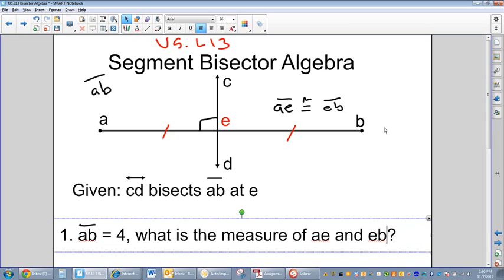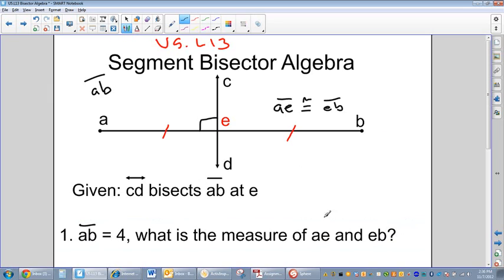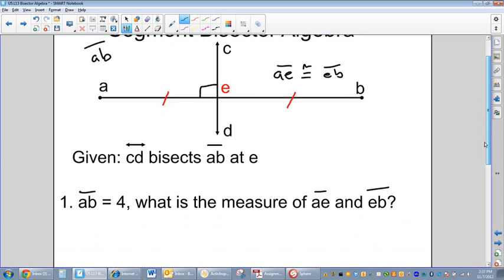So if AB equals 4, what is the measure of AE and EB? You should be jotting that question down. If you think you know the answer, I also need to know why you think you know.